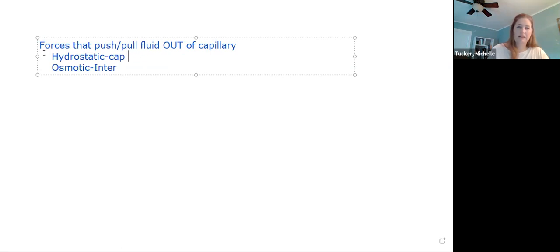The hydrostatic capillary pressure in arteries is going to be around 35. In veins, it'll be about 17 in the venous system. Osmotic interstitial is usually around 1.